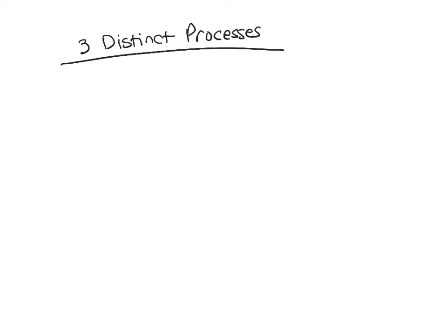There are 3 distinct processes that occur in the nephron tubule, and I want to go through those first so that you understand what I'm talking about when I mention them. So the first thing is filtration. Filtration is when blood pressure forces water and solutes through a membrane. So you have this filtration membrane, and you have blood pressure pushing fluid up against that membrane.